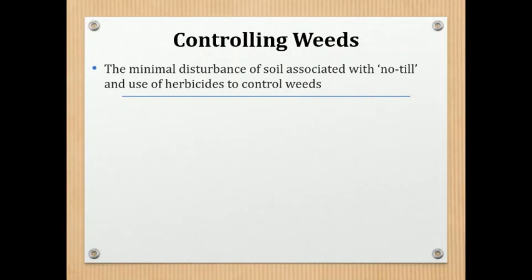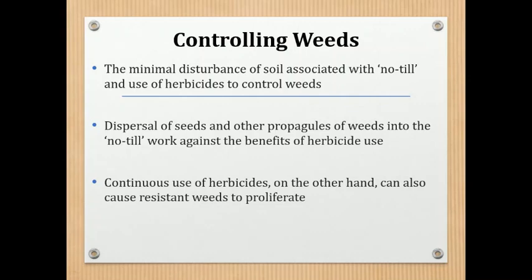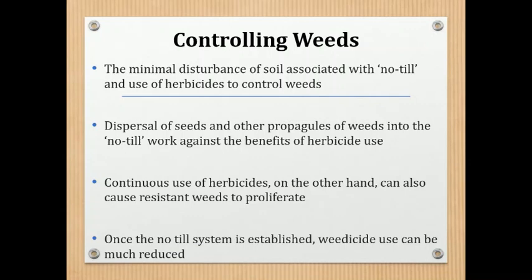However, dispersal of seeds and other propagules of weeds into agricultural fields is much lesser in no-till than in conventional tillage, which is still a benefit against herbicide use. Continuous use of herbicides, on the other hand, can also cause resistant weeds to proliferate. But once the no-till system is established, weedicides can be much reduced.